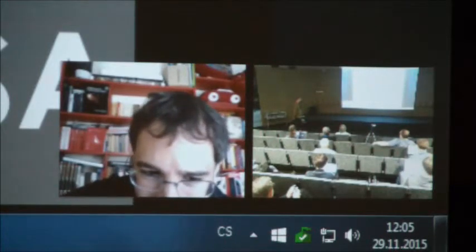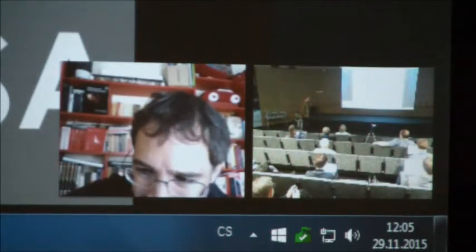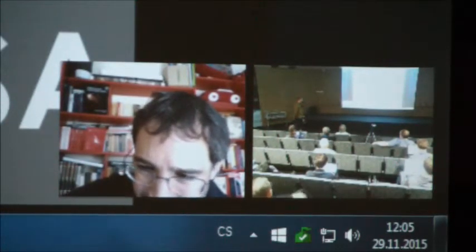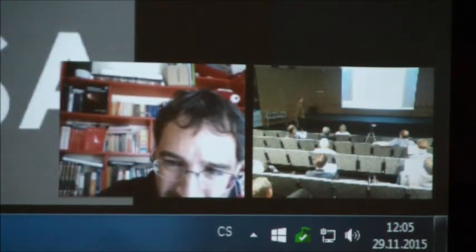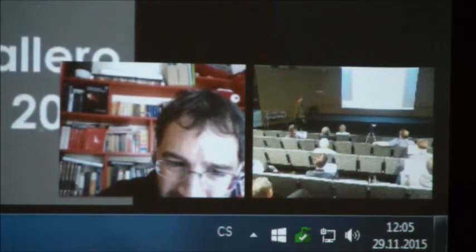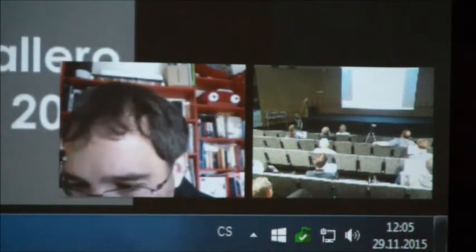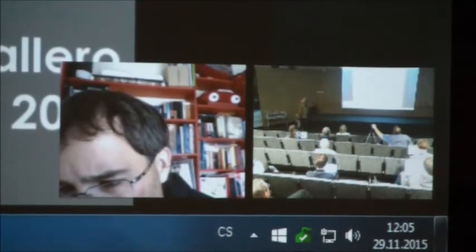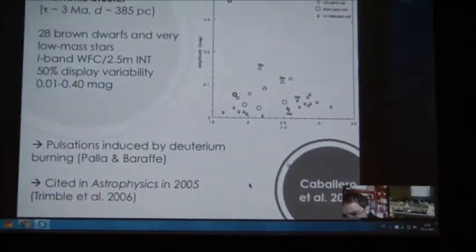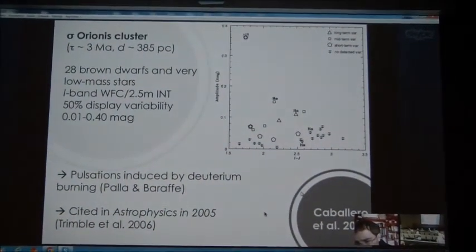You spoke about some pulsations due to deuterium fusion, and you spoke about rotation due to some spots. And are there any other effects which can cause variability? I mean, convection or something like these mechanisms.